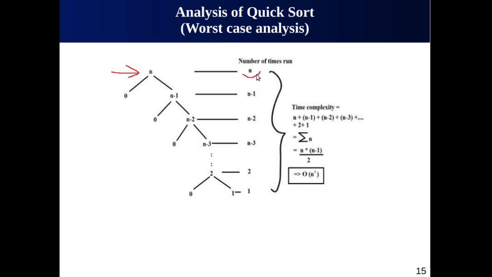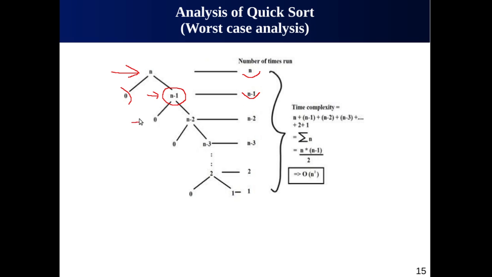Then after that, for the recursive call, remember it is an uneven partition. So on one side we have 0 elements and on the other side we have n minus 1 elements. The second recursive call on n minus 1 elements will take how much time? n minus 1, and we know it from merge sort as well.